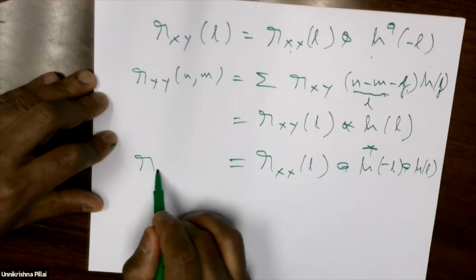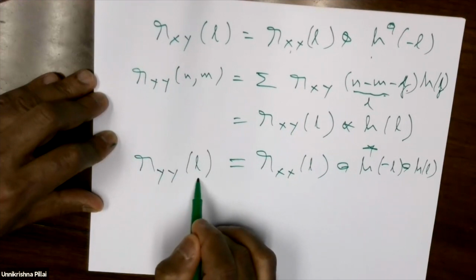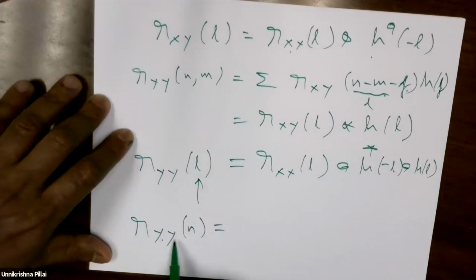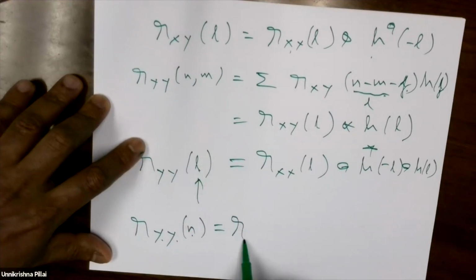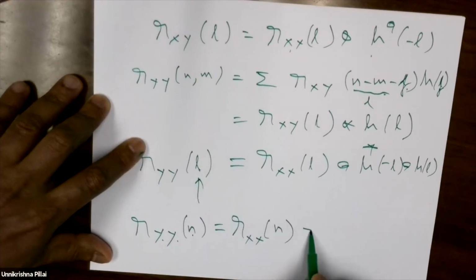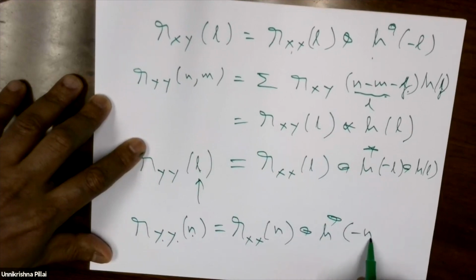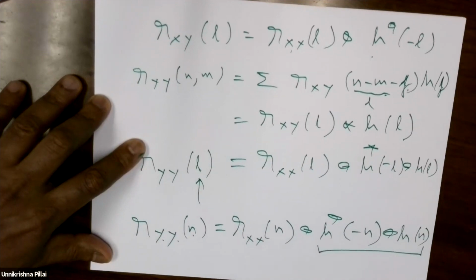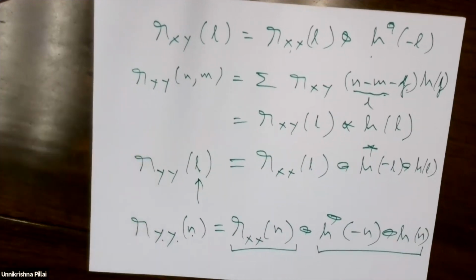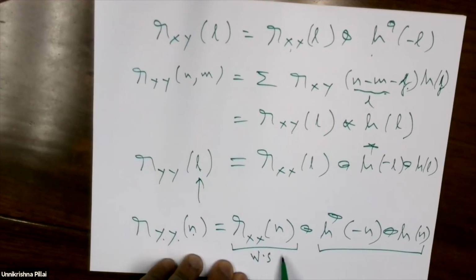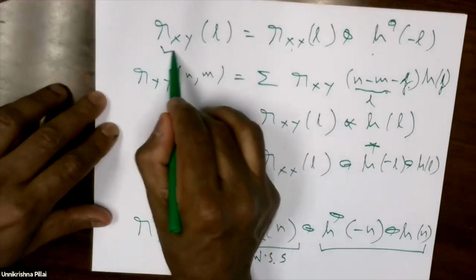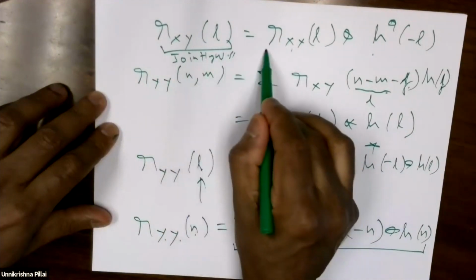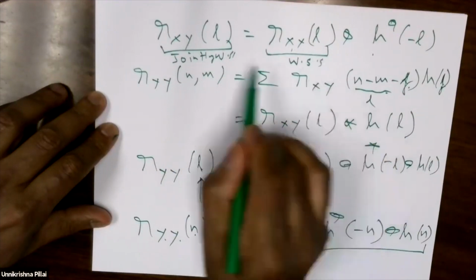And if you do, that means Ryy also is a function of L only. If you don't like L, you can put it back to n or m. So you get Ryy, just replace L by n, Rxx n convolved with h star of minus n convolved with h of n. Again, this is a system property, this is an input property. So what is the moral of the story? Wide-sense stationary at the input means they are jointly wide-sense stationary.